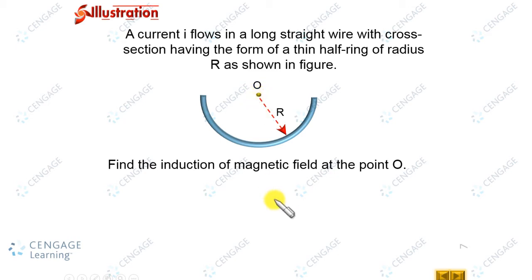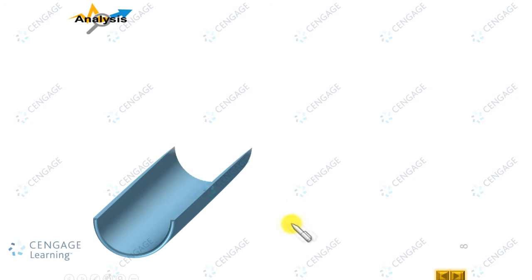Okay, so let us make the complete view of this structure. This is the complete three-dimensional view you can observe. Let us assume the direction of the current in this wire. Let us assume the current is away from you. So this is the direction of the current, right? You can observe this current will distribute uniformly on this section.